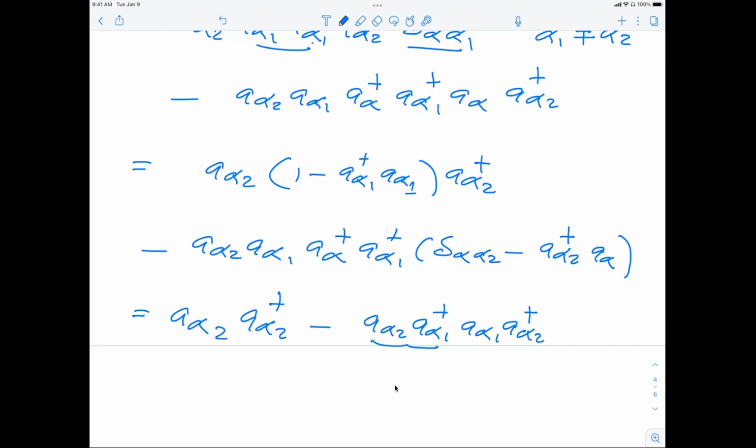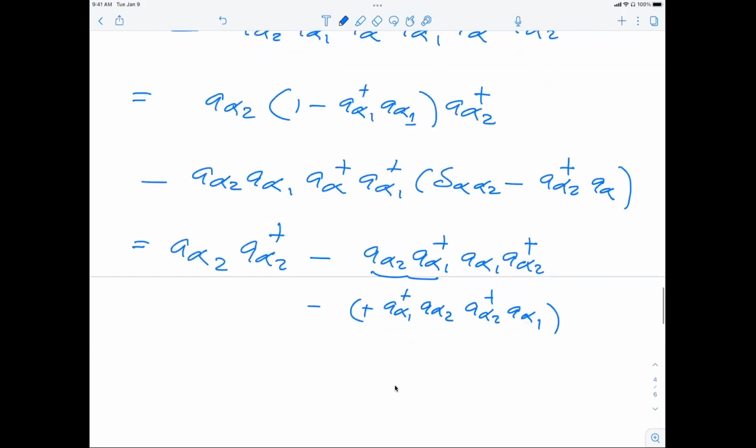So that means that this one becomes simply minus a alpha 1 of a alpha 2 here. I can swap that one, so that gives me another minus, because I use the anti-commutation rules, and alpha 1 and alpha 2 are different, so the Kronecker delta is equal to 0. So this becomes a plus, but then I have a minus sign in front here, minus minus, because now I'm changing this alpha 2 here and a alpha 1, like that. So that gives me a plus, but then I have a minus sign in front here. So this comes with a minus.